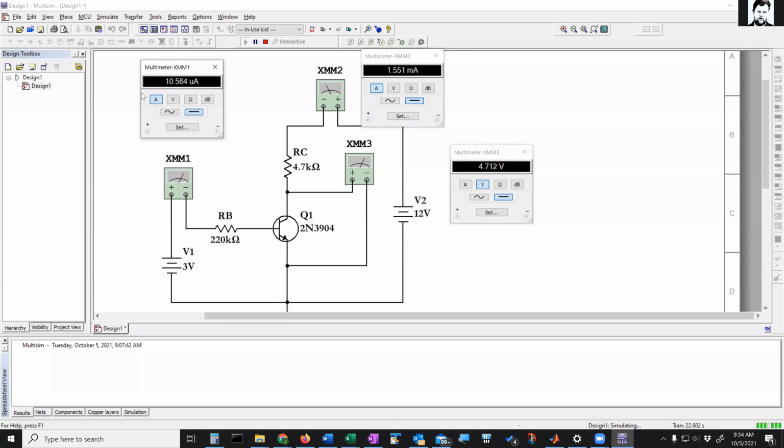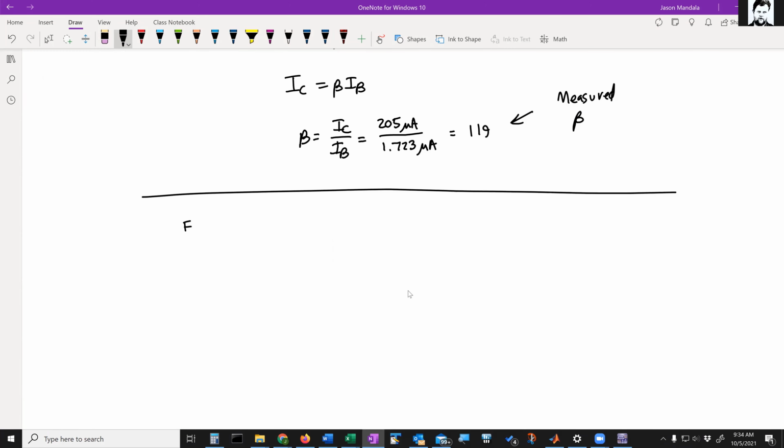Let's run another sample calculation here. So 3 volts, 220K, and then we have our base emitter junction. For the base voltage, I think it was called V1. For V1 equal to 3 volts, our KVL loop should be plus 3 minus the base current times 220K minus the base emitter voltage, which is 0.7, has to equal 0.